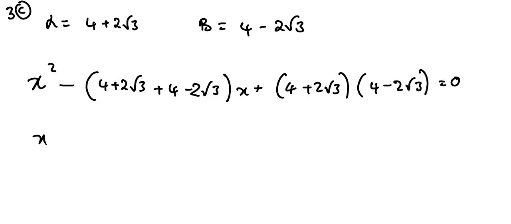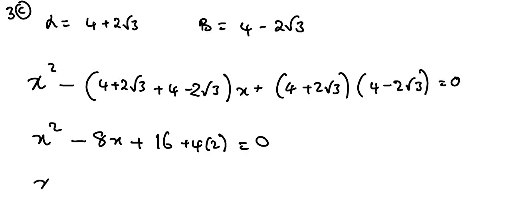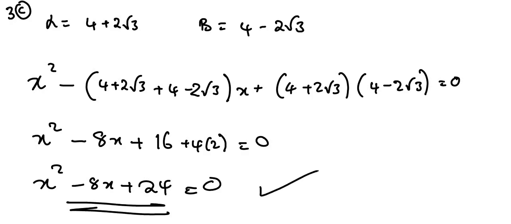So this will just be x squared. This will be 8x. Then you have plus, this is 16. That's just going to give us your 4, then 2. So if you do it carefully, you'll find the same thing that I'm getting here. That's going to give us a 24 is equal to 0. So this right here is the quadratic.